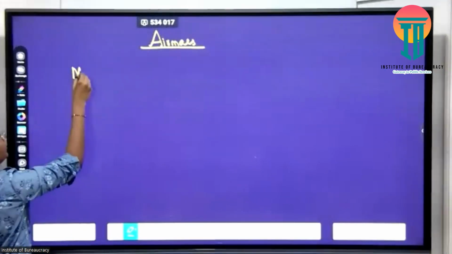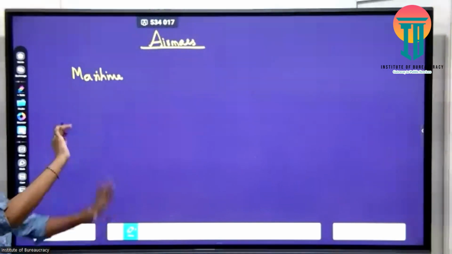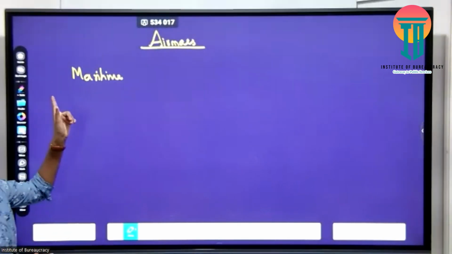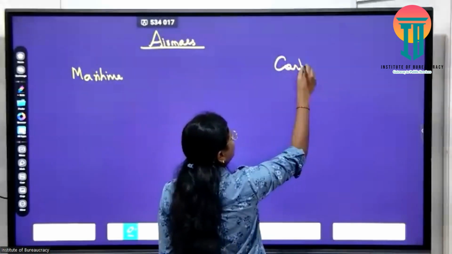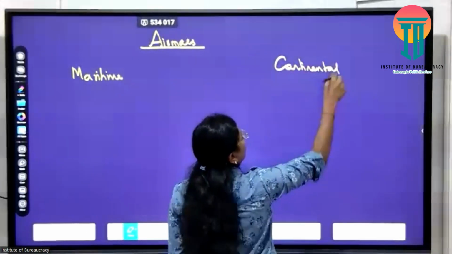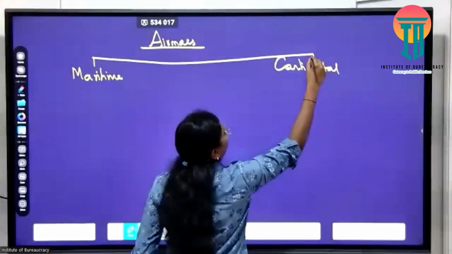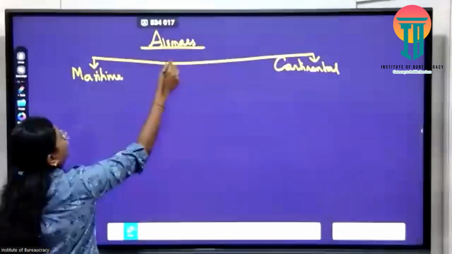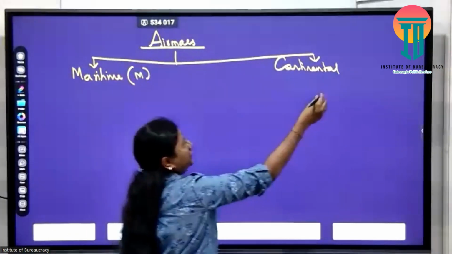First, they start with maritime and continental, then they divide into tropical and polar. First, maritime air mass and continental air mass. So maritime and continental, with the representation of M and C.